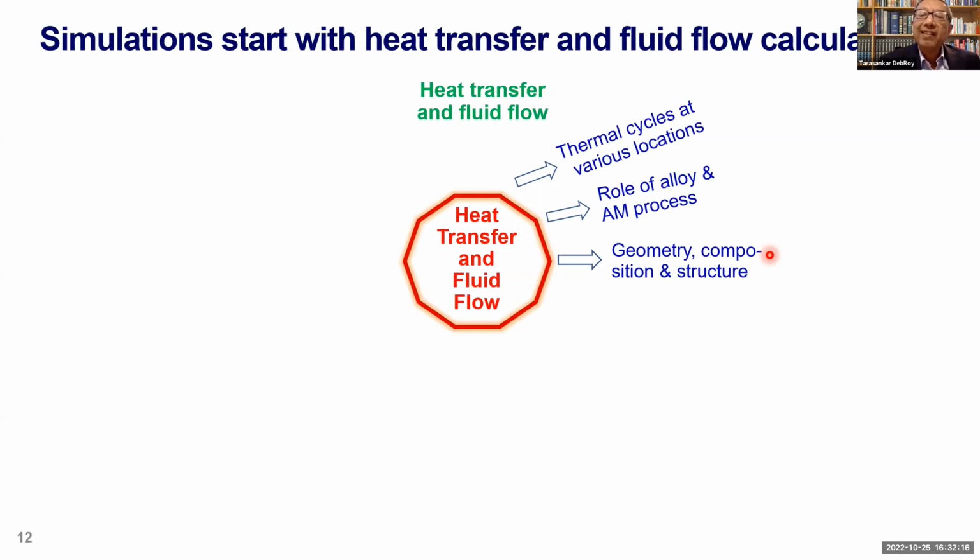For various reasons. Composition is not homogeneous. The material that we deposit is inhomogeneous at various scales. A simple example: let's say I'm depositing a 6000 series aluminum alloy that contains volatile components like magnesium.